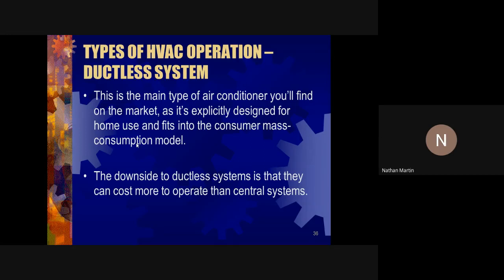What we realize is that persons are moving away from the central unit because of the inefficiency of running the entire unit, as Mr. Freighter says, to actually cool a small space. It's not that the central unit couldn't be used, because you can send duct to different locations. But when you turn off the duct, you don't have any airflow into the space, and the unit is still running at full capacity. So that makes the unit inefficient.